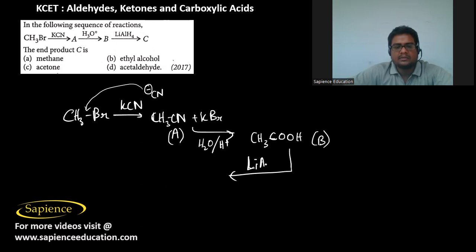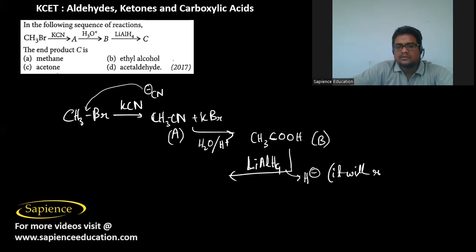And then when it is reacted with lithium aluminum hydride. Now lithium aluminum hydride will give the hydride ion as the nucleophile. So it will reduce the carboxylic acid, which is RCOOH, into alcohol, into RCH2OH.